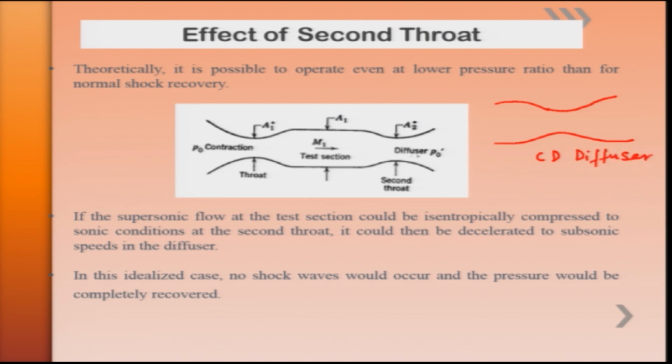The practical application of this convergent divergent diffuser is in a typical supersonic wind tunnel. In a supersonic wind tunnel, which has a schematic something like this, a convergent divergent nozzle is placed first upstream, and there is a constant area passage, and then a convergent divergent diffuser is attached.